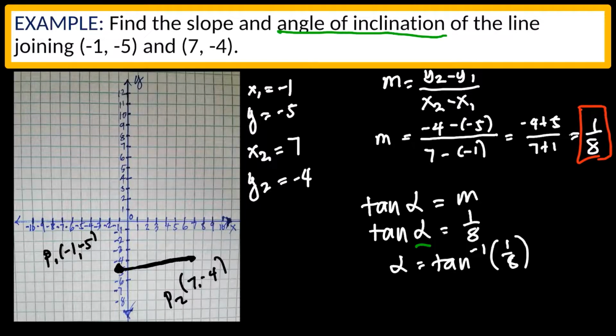So let's have the arc tangent of 1/8. All right, so it's 7.12. So very small angle. So alpha here is 7.12 degrees. Okay, so very small. So this is the angle of inclination.